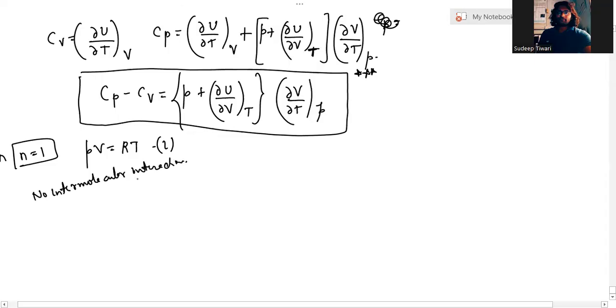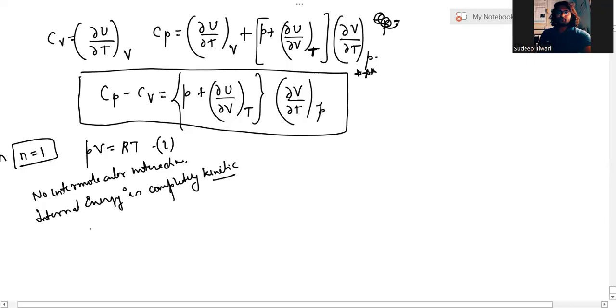Since there is no intermolecular interaction, it implies that the internal energy of a perfect gas is completely kinetic energy. The potential term will become zero.